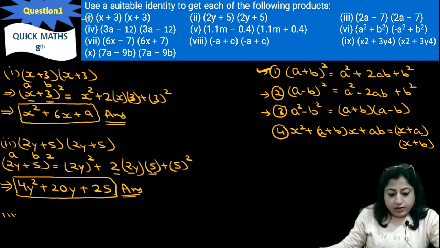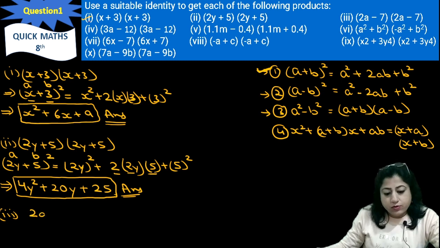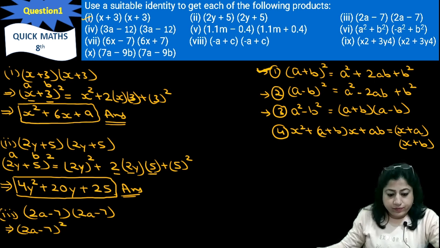Now come to the third part. The third part is (2a minus 7) and (2a minus 7). Same pattern, so it will be (2a minus 7) whole square.